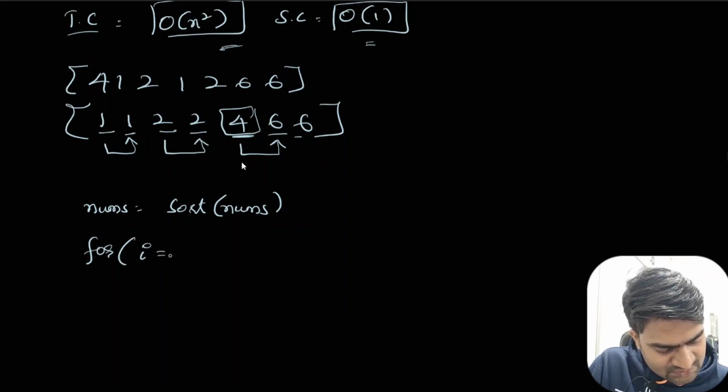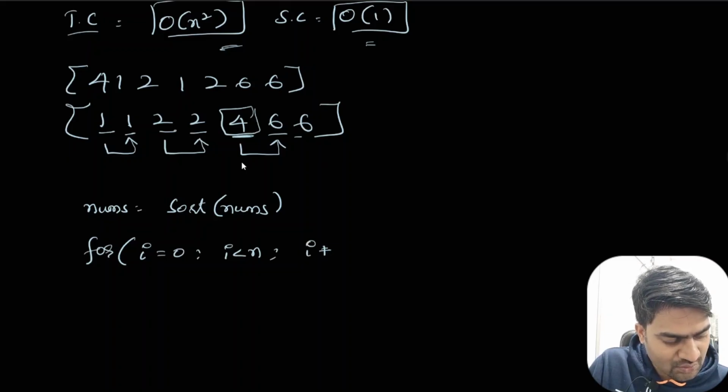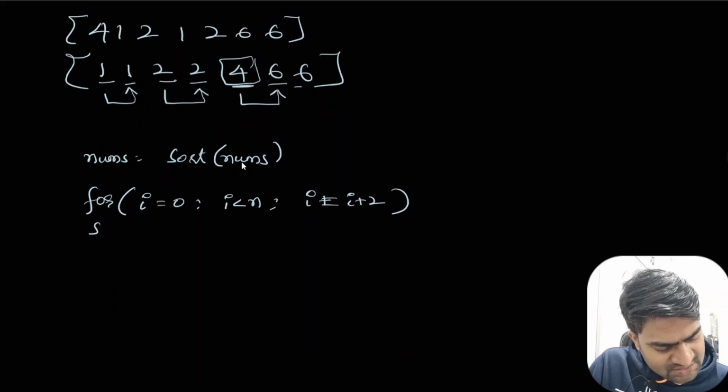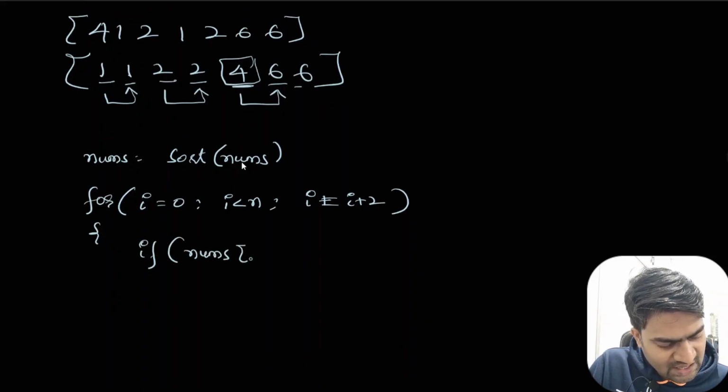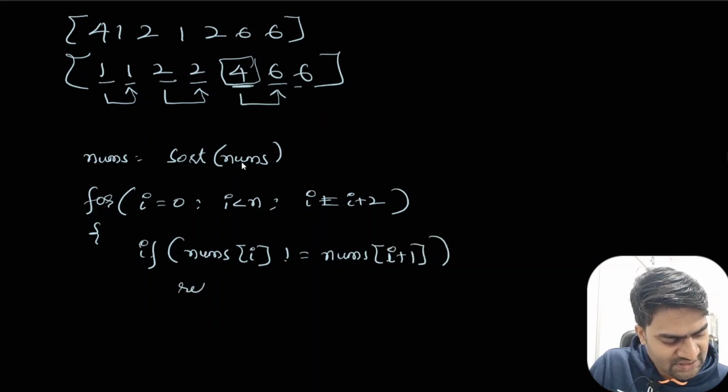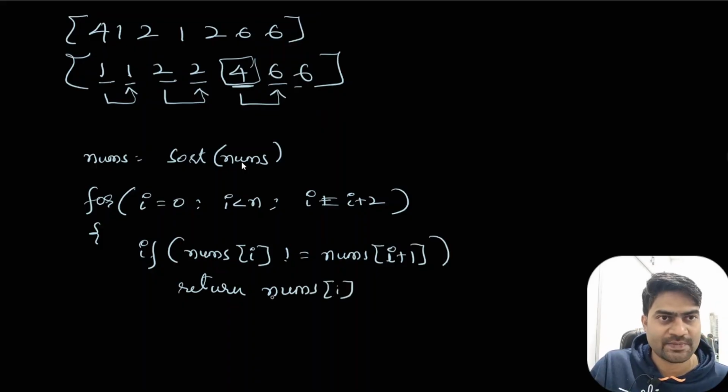So i equal to 0, i less than n, i equal to i plus 2. I will skip a number and jump to the next number. Now I will check if nums of i is not equal to nums of i plus 1, then I will simply return nums of i.